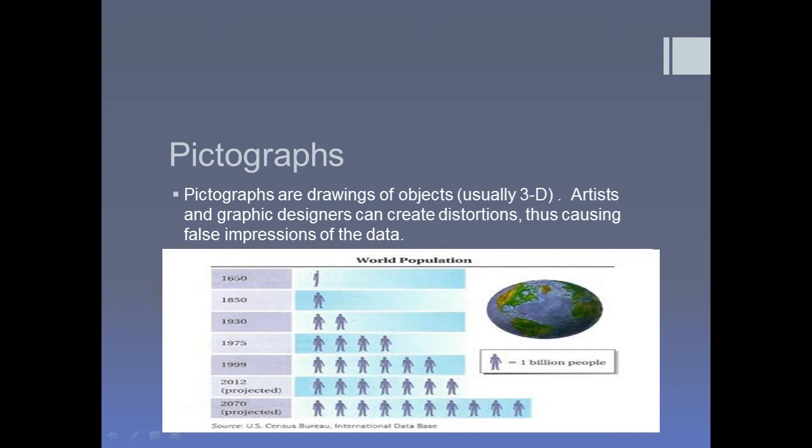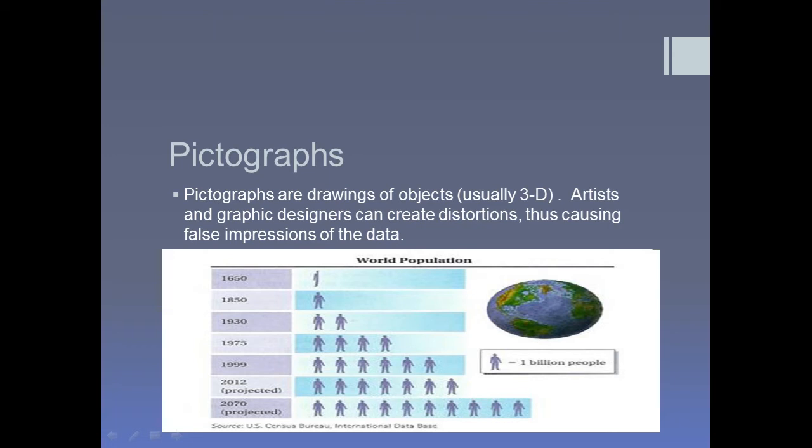We're talking about the number of people in the world, simply enough. And this was one that was done by the United States Census Bureau in 2010. You can see that one person is equal to 1 billion people on the graph. And because there's no variation in size, this pictograph is actually not very distorting to the human eye.